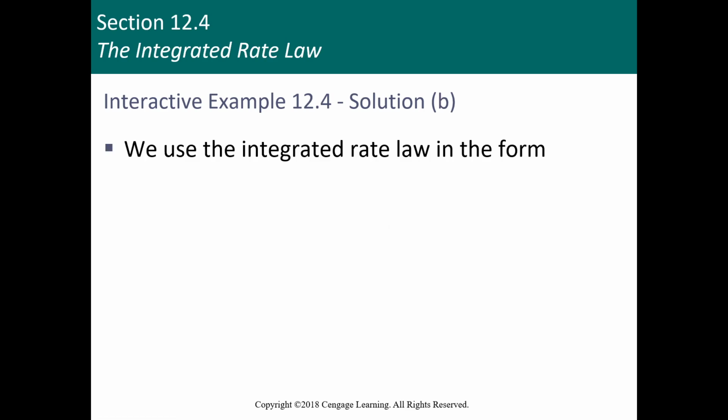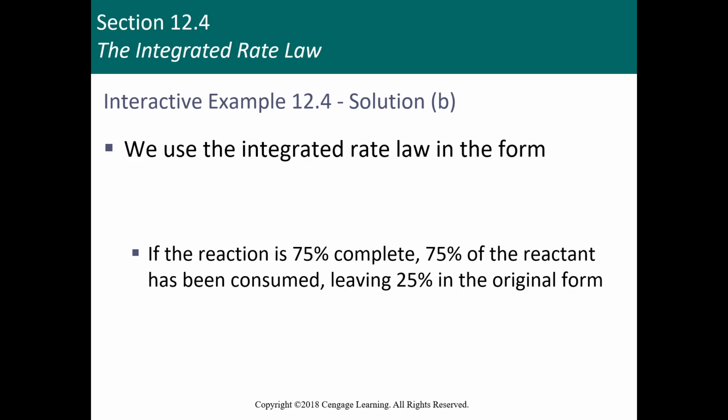All right, so B, well, you can, of course, do it logically, and it's so much easier to do it logically, like I showed you at the first screen. So 75% complete means that you've consumed 75%, leaving you at 25% remaining. We can, of course, also plug this in to our integrated rate law.